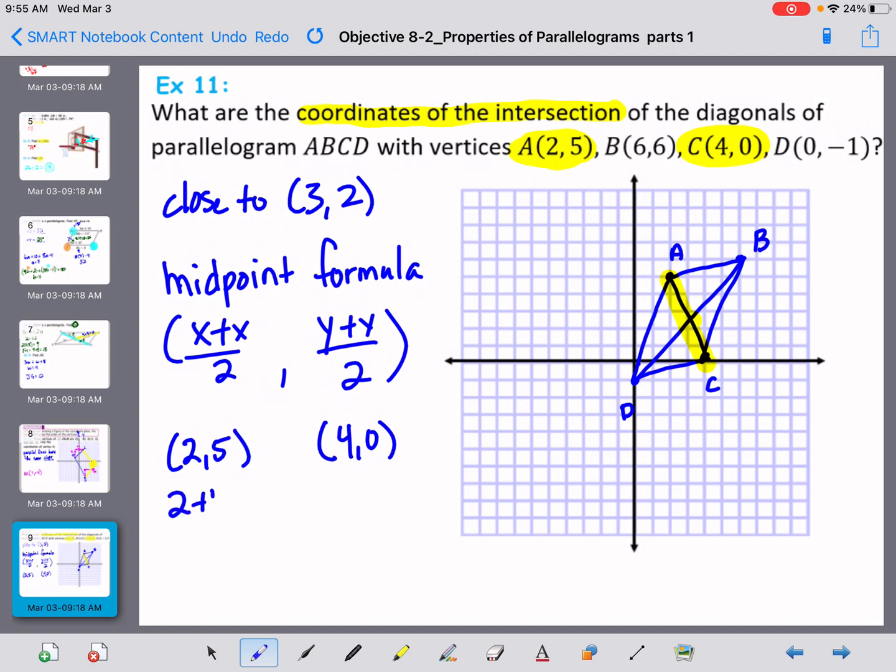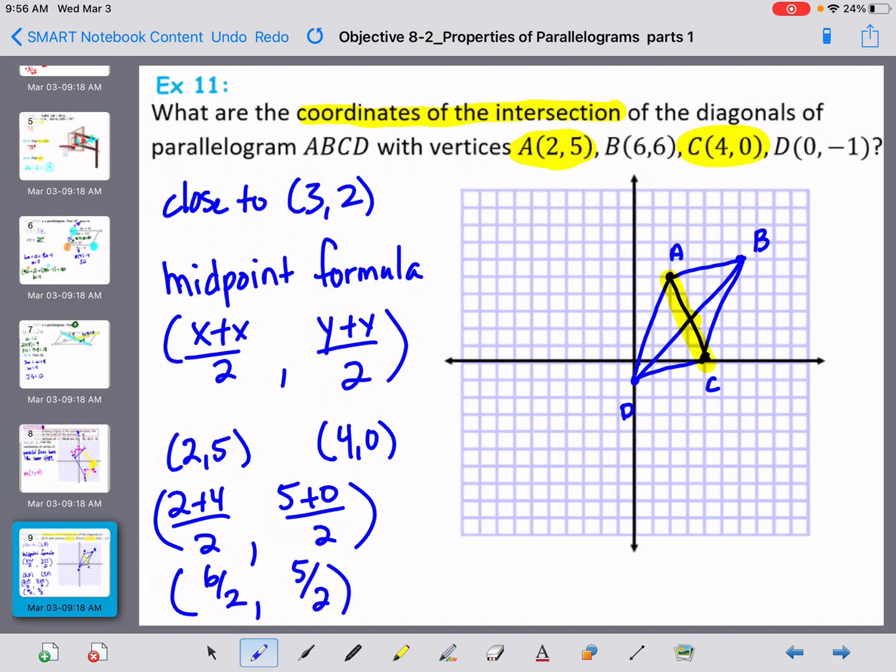I'm going to say 2 plus 4 divided by 2, and 5 plus 0 divided by 2. 2 plus 4 is 6, divided by 2 is 3, and 5 divided by 2 is 2.5. So this 3, 2.5 is the actual place where the diagonals intersect. That's really close to my guess of 3, 2.